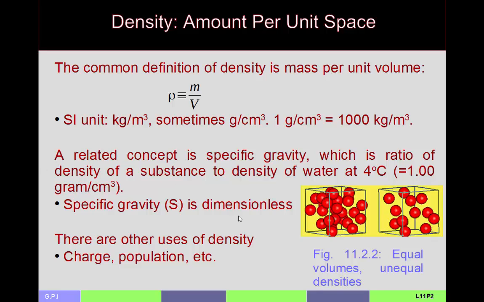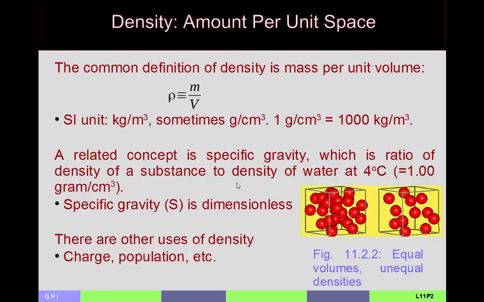A related concept is one which is very often covered in lab classes, which is the specific gravity, and that is, of course, the ratio of density of a substance to the density of water at 4 degrees C. At that temperature, water has a density of 1.00 grams per cubic centimeter. So since this specific gravity is a ratio, it can be taken as rho of substance divided by rho water.